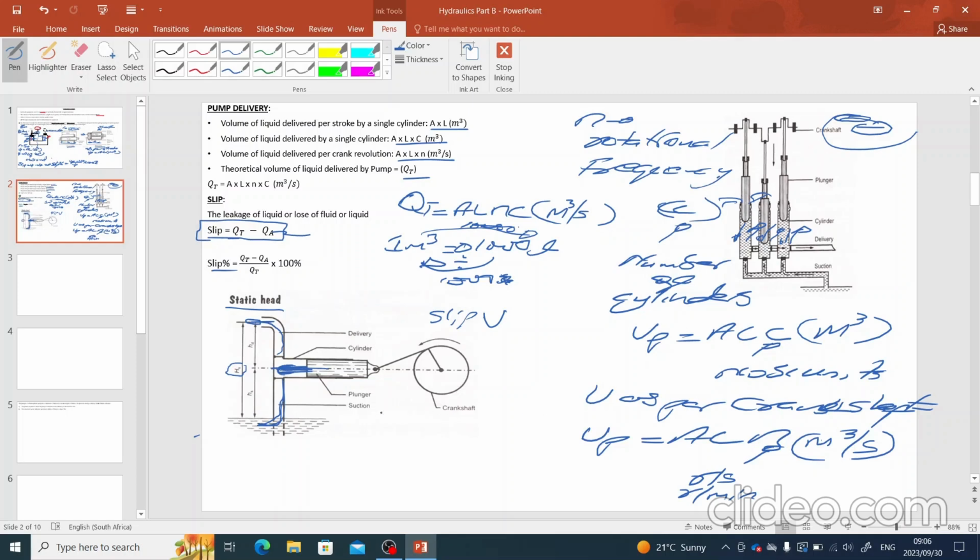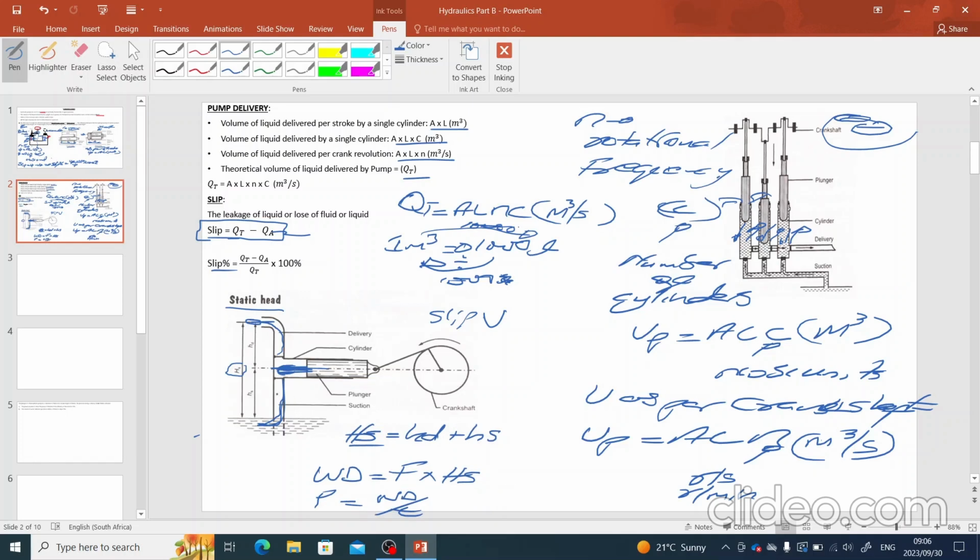Now, the static head is big H equals small hd for delivery plus small hs for suction, okay? Then you get the static head. Now you will use your static head to calculate the work done. It is force multiplied by hs, or we can calculate power as work done divided by time.